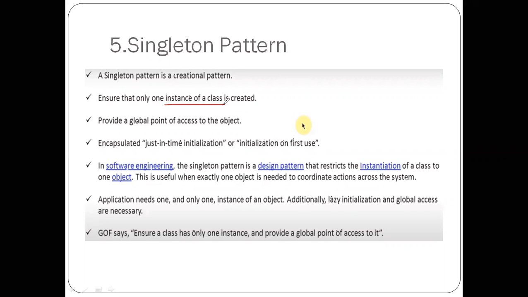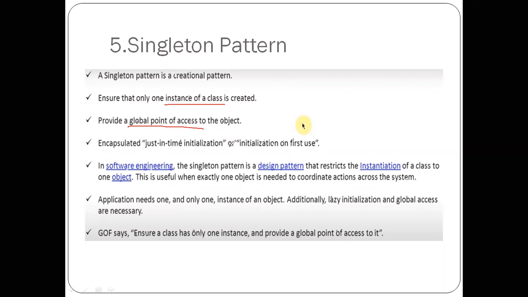We have seen that, that is a singleton. It provides a global point of access to the object, which means the getInstance method is a global access one. Through that method we can access that object, right?